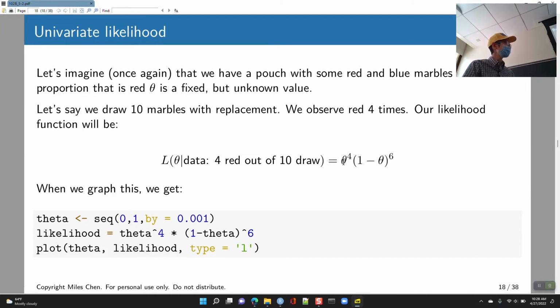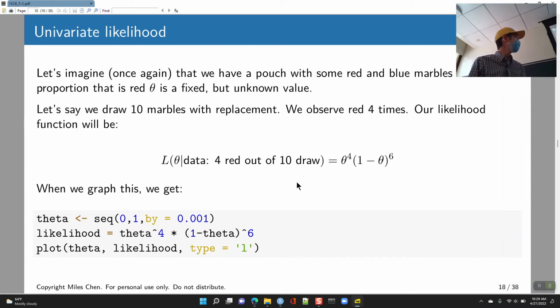We got 4 of those, so we have theta raised to the 4th power, and we got 6 marbles that were not red, and the probability of getting not red is 1 minus theta, and that happens 6 times, so we'd have 1 minus theta to the 6th, okay? And this would be the likelihood of whatever exact sequence I had. If I wanted to say the sequence doesn't matter, then I could multiply it by the binomial coefficient, but whatever, this is our likelihood.